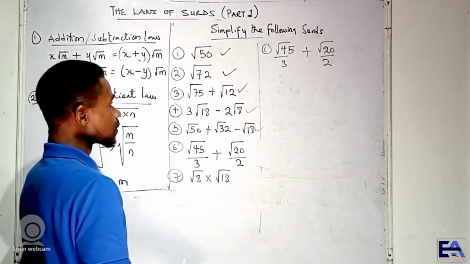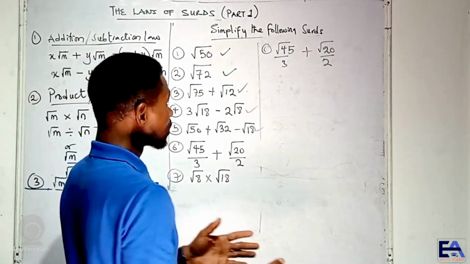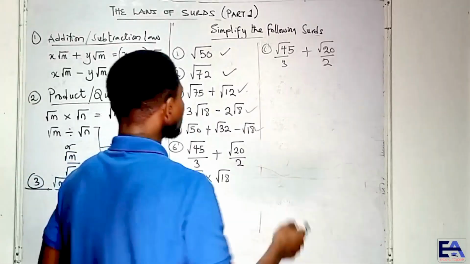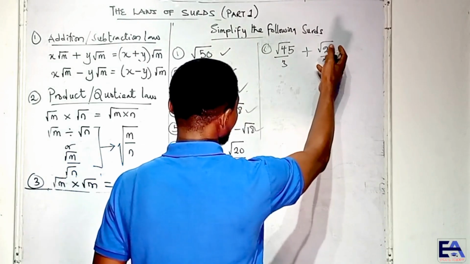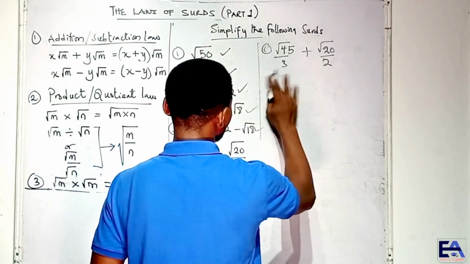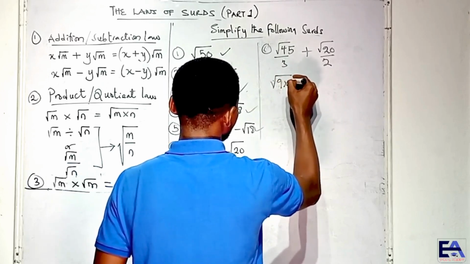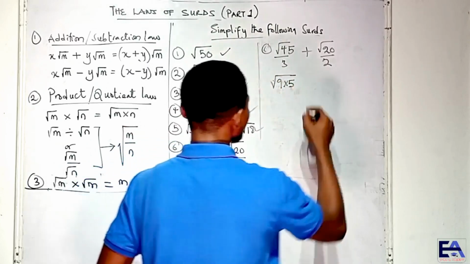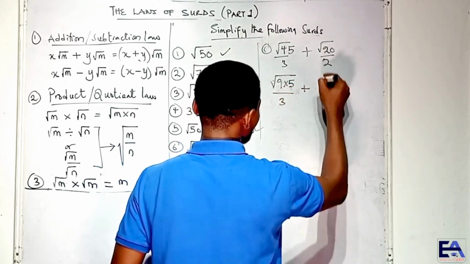Okay, so to solve this question, you can break root 45 into a factor of 9, right? So that will be 9 times 5. And then this one too can be broken into 4 times 5. So we have root 45 broken down as 9 times 5, okay, divided by 3 plus root 20.